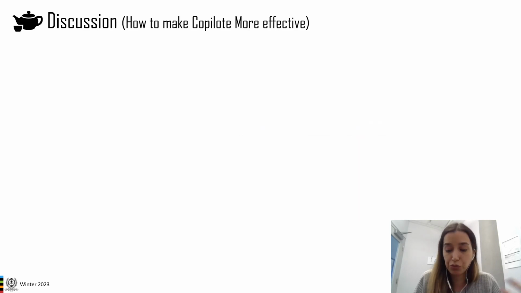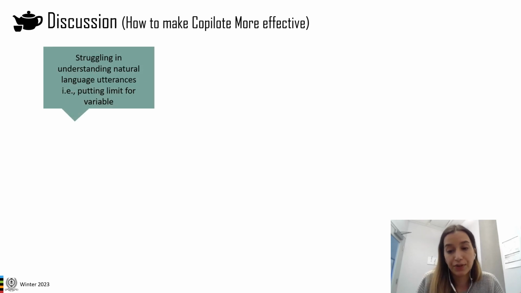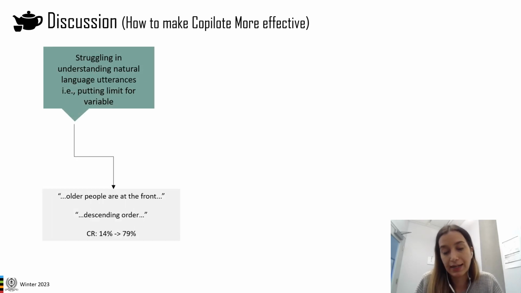So while doing all the experiments, we also collected our experience of working with Copilot and built a list of suggestions for using it more effectively. For example, Copilot really struggled to understand some natural language descriptions that were understandable to students.